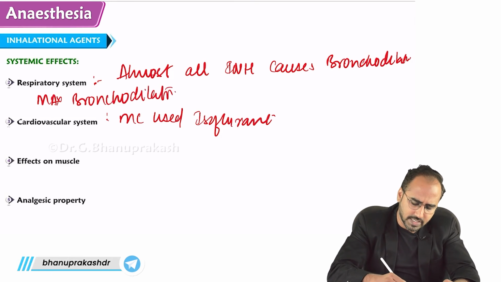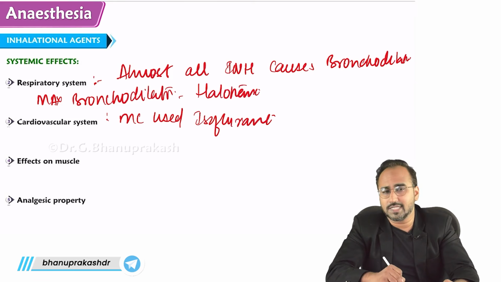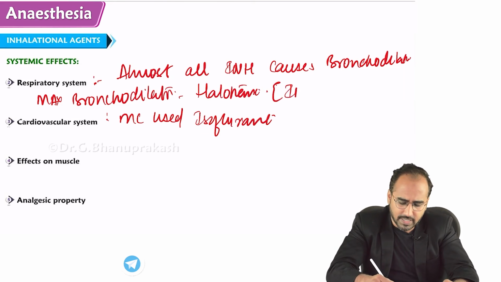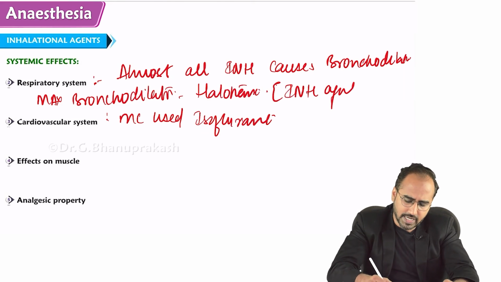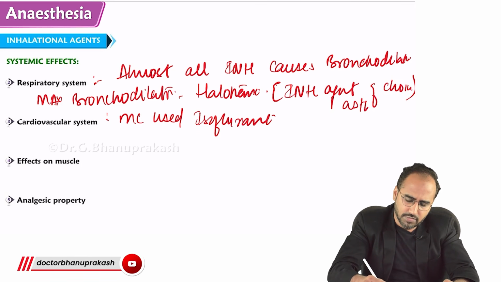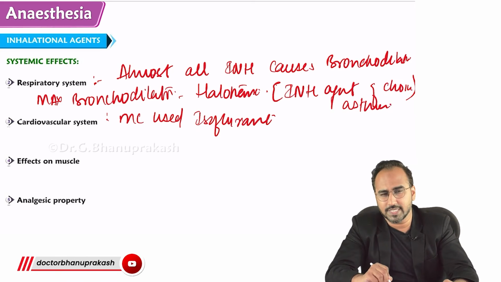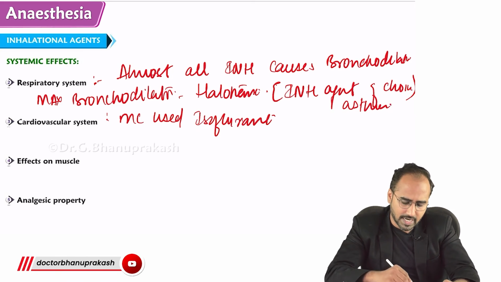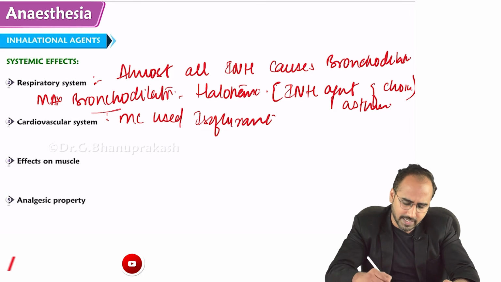Maximum bronchodilation is seen with what, guys? Halothane. For this reason, halothane is regarded as the inhalational agent of choice in bronchial asthma. That is regarding the respiratory system.